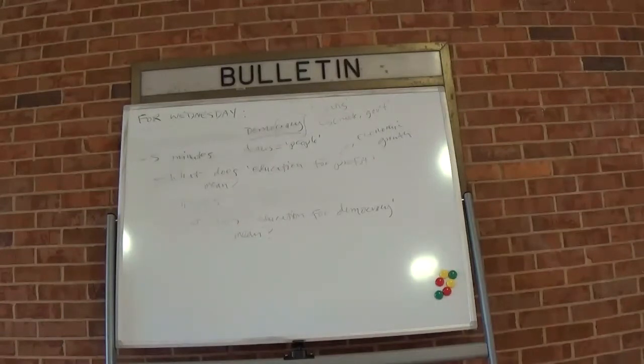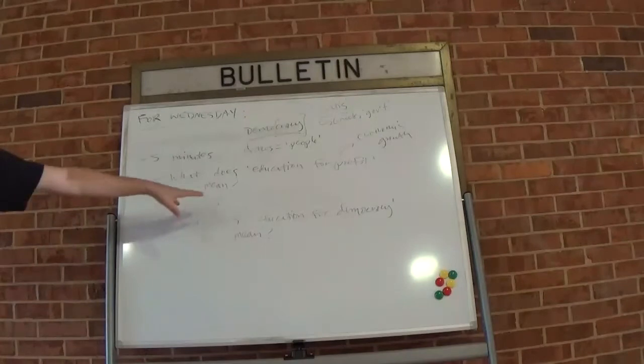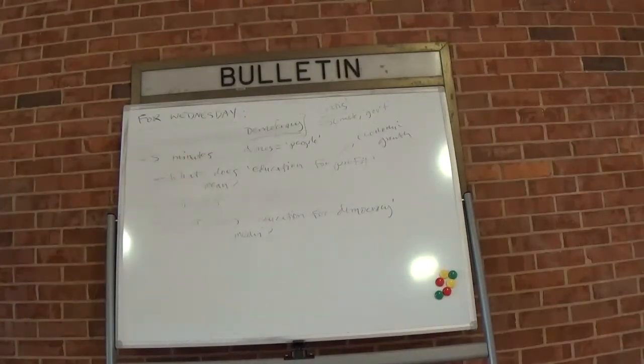So I said it's kind of like your human rights. Yeah, and I think human rights are actually a big part of her argument: an education for democracy is one that teaches you to respect difference of opinion and human rights.